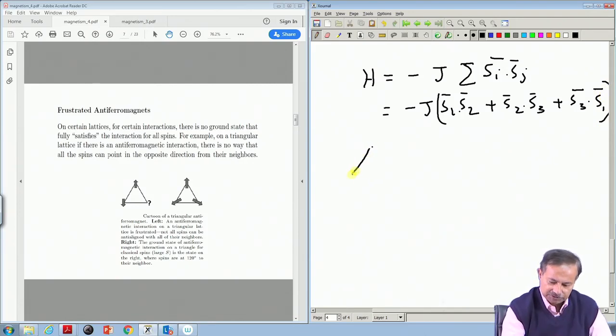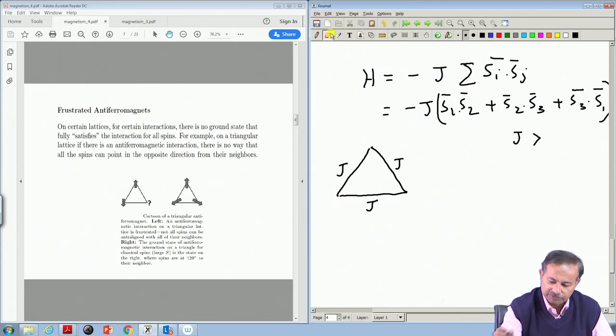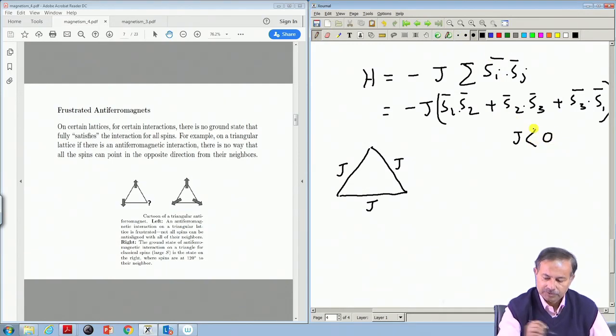Okay. So, this is an equilateral triangle, all J's are same, and J is less than 0, so that you want an antiferromagnet.